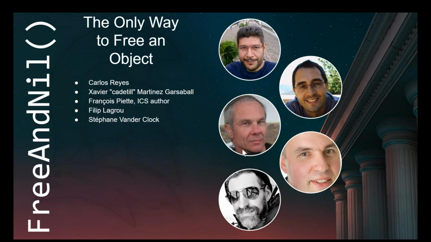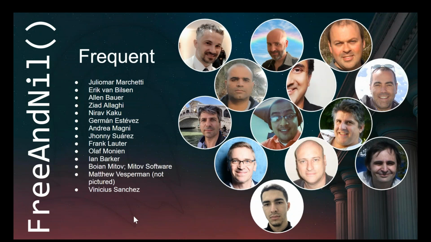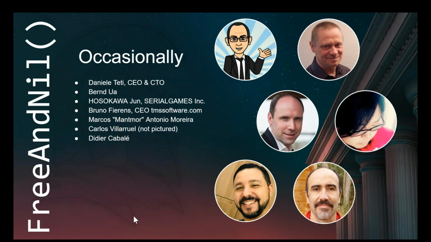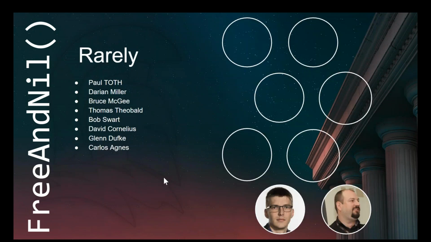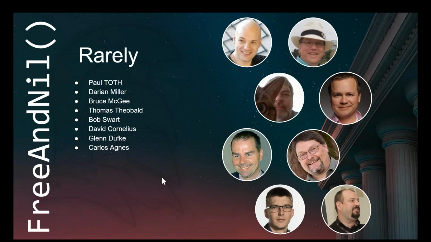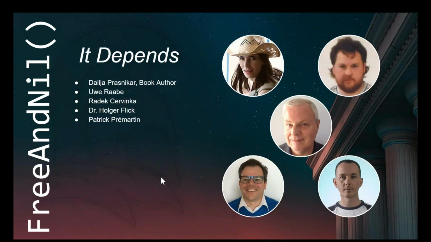I was going to go through this real quick, and like I said, the full slides are in here. Everybody had some details about why they said what they said, but you can see where everybody comes down. A few MVPs say free and nil is the only way to free an object. Then frequent users of free and nil, occasional users, rare users, and never users.